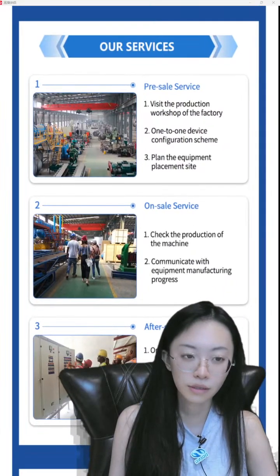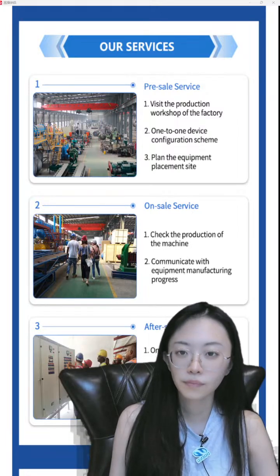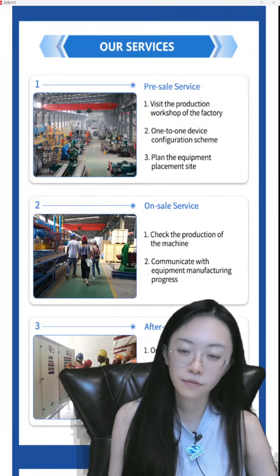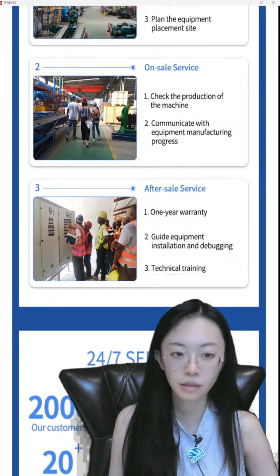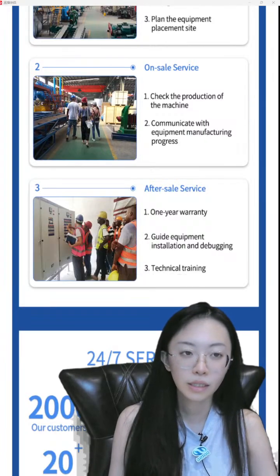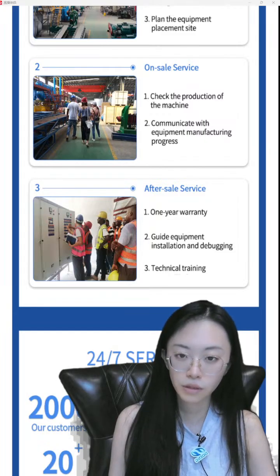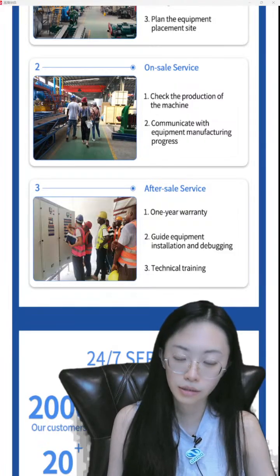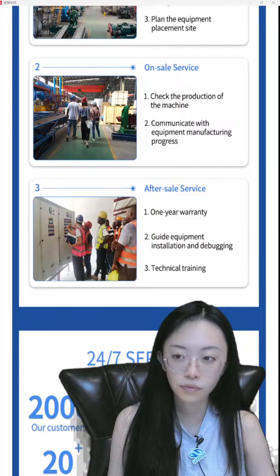Here's our service, which includes pre-sale service, on-sale service, and after-sale service. Most of our customers ask about the after-sale service. We have a 1-year warranty, and our engineer can come to your place to help with installation and debugging, and we can also give technical training for workers.